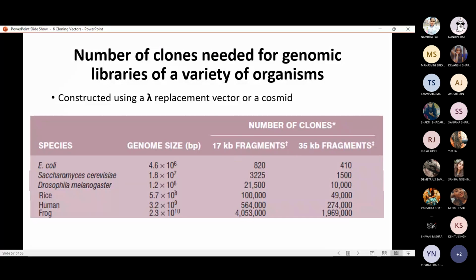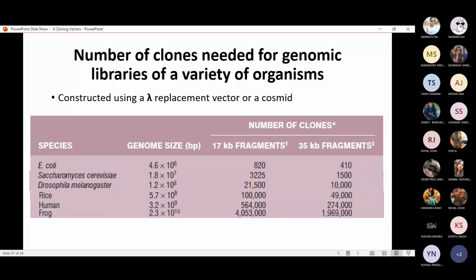So if you divide the genome by 7.5, just taking 5,000 divided by 7.5, you are going to need around 660 clones, which represent the whole organism.